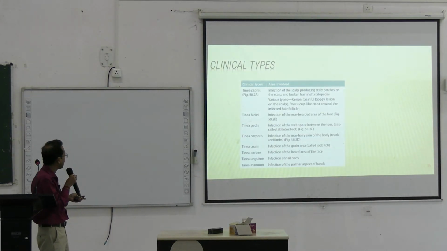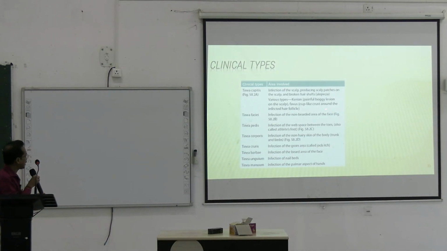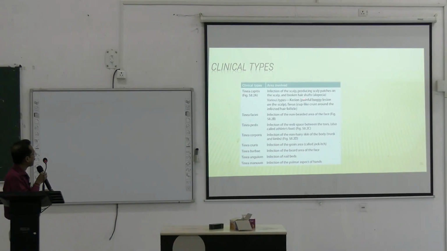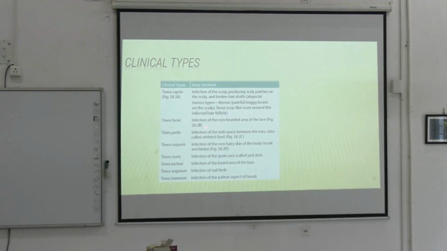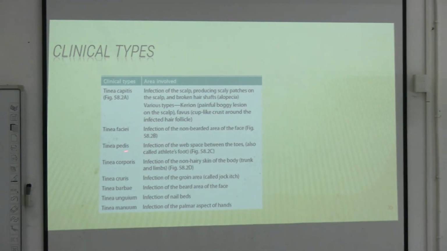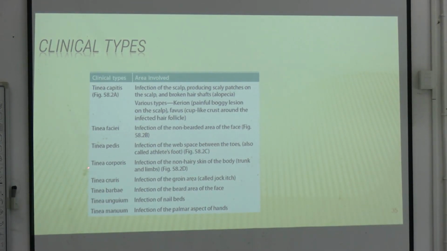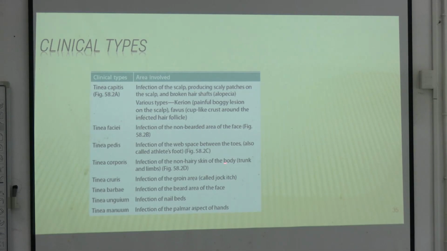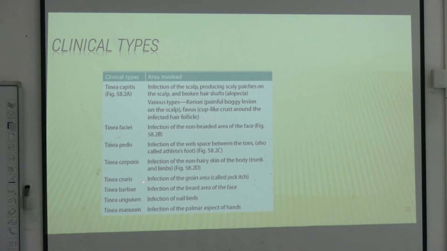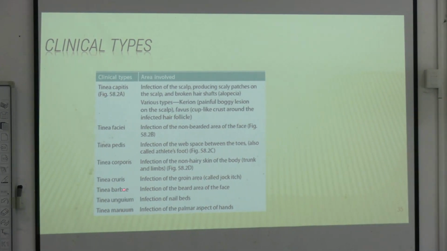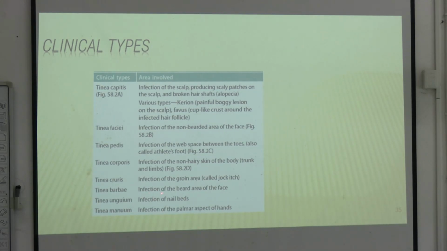Now this is Tinea capitis, infection of the scalp. Tinea faciei, infection of the non-bearded area. Tinea pedis, infection between the toes. Tinea corporis, non-hairy skin of the body. Tinea cruris, infection of the groin area. Tinea barbae, infection of the beard area, and Tinea unguium and Tinea manuum.